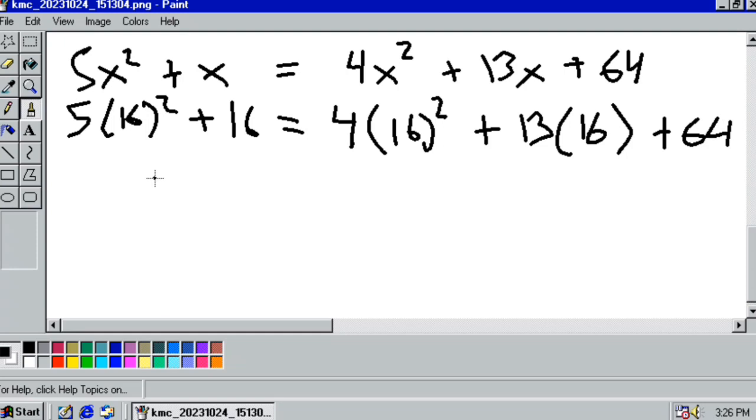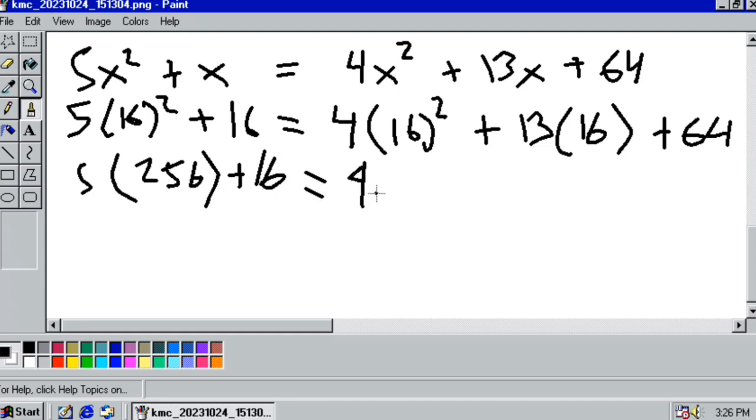Now, 16 times 16 is 256. So we have 5 times 256 plus 16, then 4 times 256 plus 13 times 16, which is 208, plus 64.